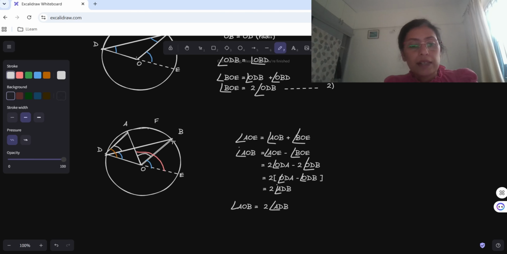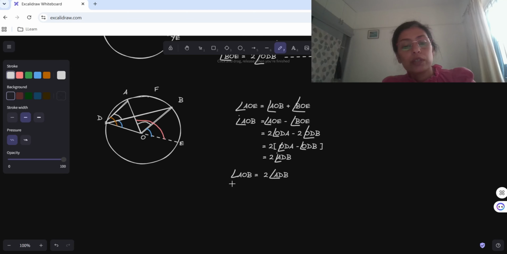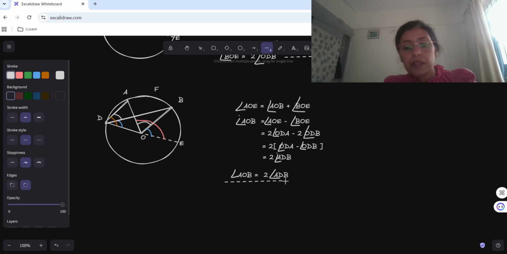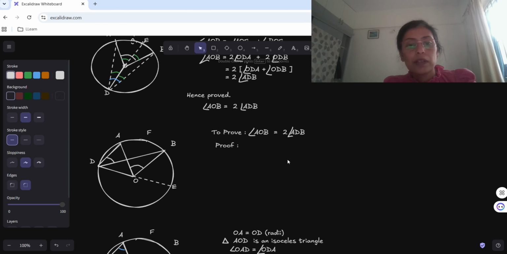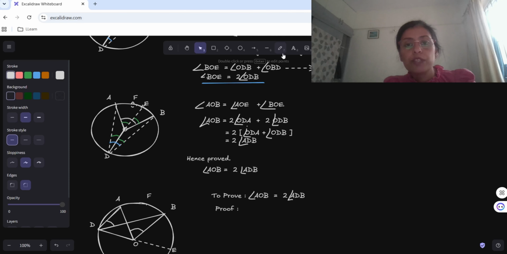AOB is the angle subtended by arc AB at the center. ADB is the angle subtended by the arc at a point D on the circle, which is outside of the arc AFB. So this is the same thing which we proved earlier, right? In the first case also we had proved this.